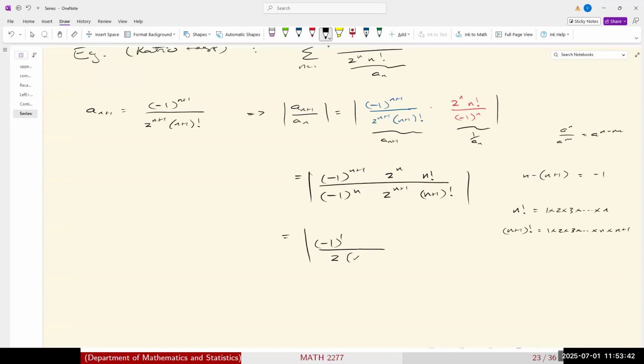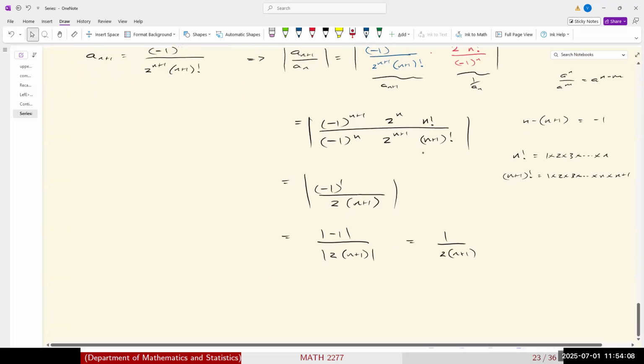So this is the modulus of -1 divided by the modulus of 2 into (n+1). Of course, the modulus of -1 is +1, and 2 into (n+1) is always positive, so I can remove the modulus. So we get this term.